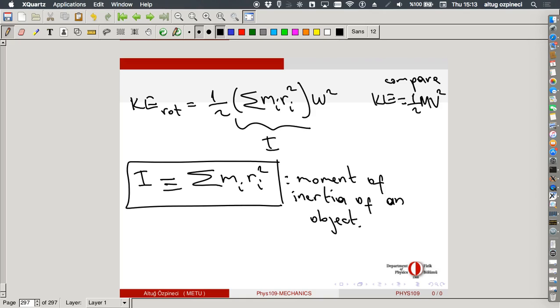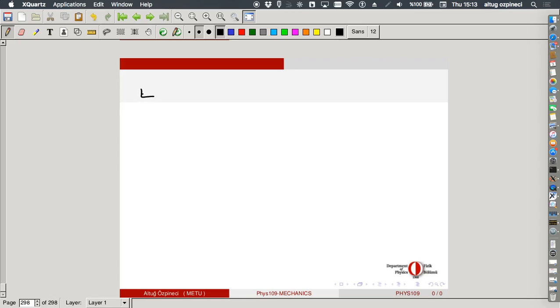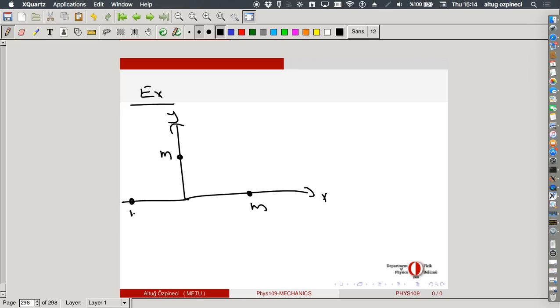Now, to calculate it, let's do an example. Let's have the x and y axes. Let's put some mass over here, another mass over here, a third one over here, a fourth one over here.